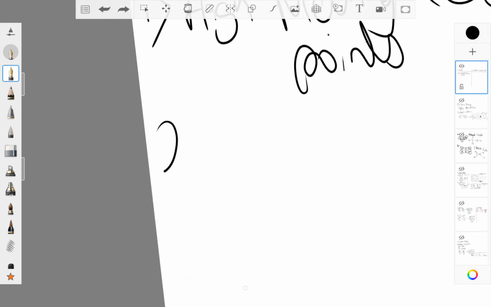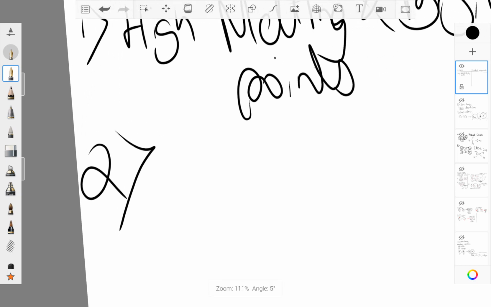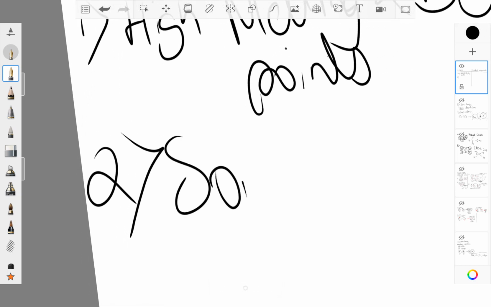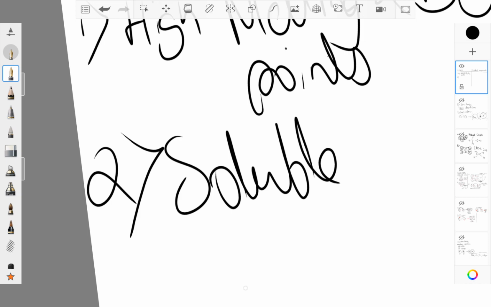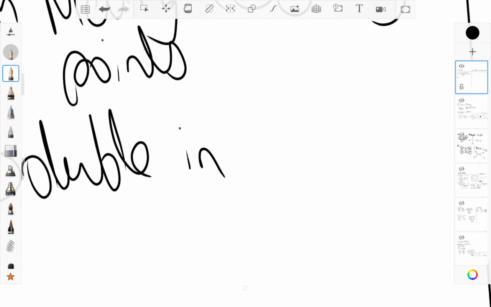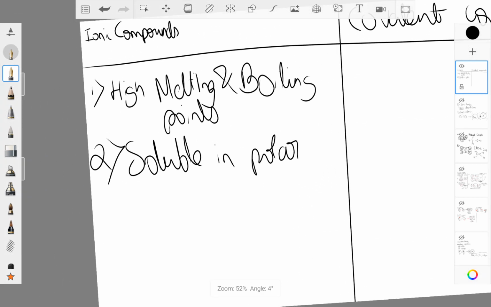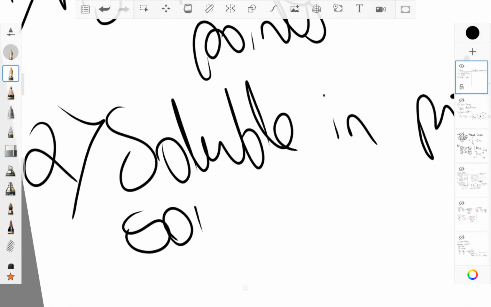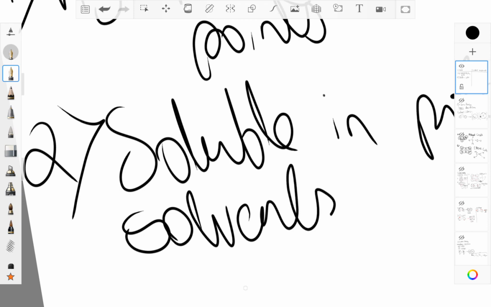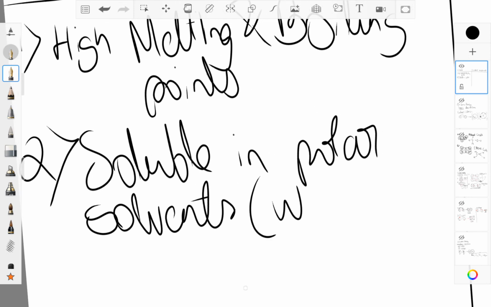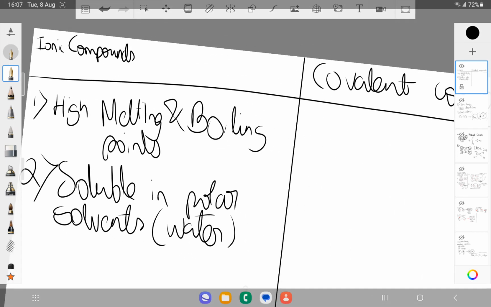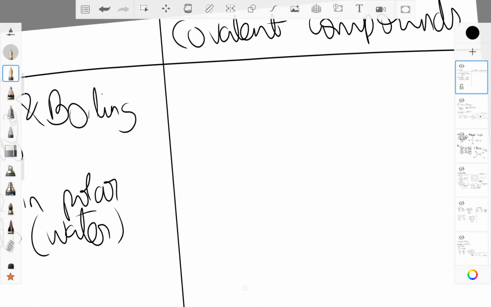The second property of ionic compounds is that they are soluble in polar solvents. Polar solvents isn't something you need to know in the IGCSE syllabus. The main thing you need to know is that they're soluble in water. Water is a polar solvent, so just know that they're soluble in water. And covalent compounds aren't soluble in water.